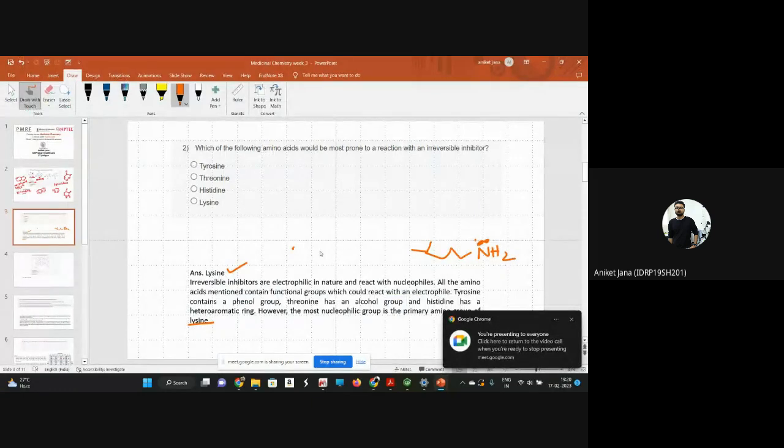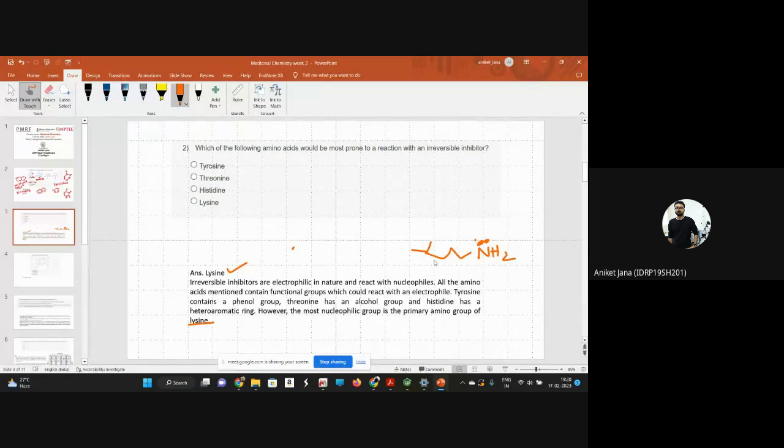In this way, lysine has the tendency to bind with the irreversible inhibitor. Clear? So that is the right answer. Is this clear to everybody? Yes, sir.